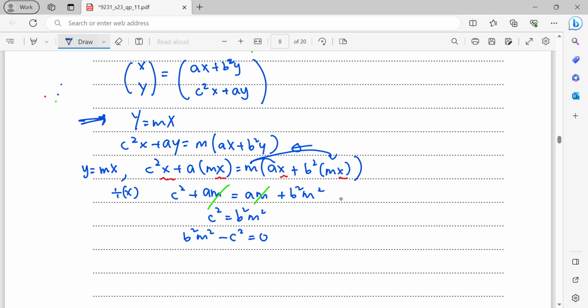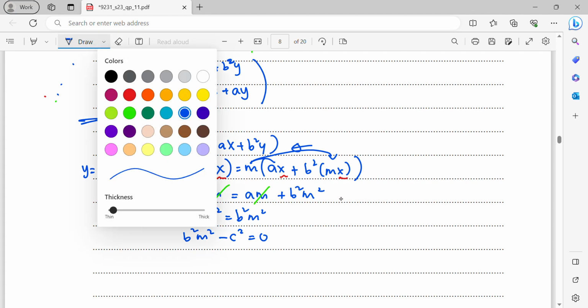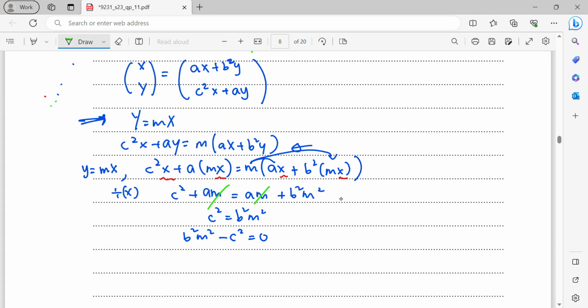Then now, to get the m, I will use this formula, difference of two squares. So a squared minus b squared will be a minus b times a plus b. Alright, so this is my a. This is my b. So my a is bm. My b is the c in this formula.